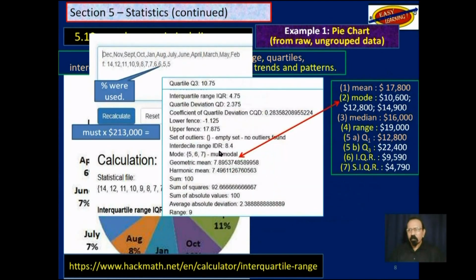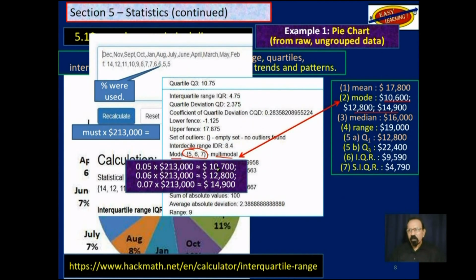Let's continue with mode, multimodal. As you see here, we have 3 modes, and the online calculator says yes, 3 modes, 5%, 6%, 7%. When we convert that into sales, 10,700, we actually have 10,600, not too bad. 12,800, yes, exactly 12,800, and 14,900, exactly that.